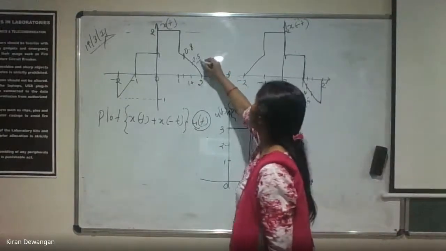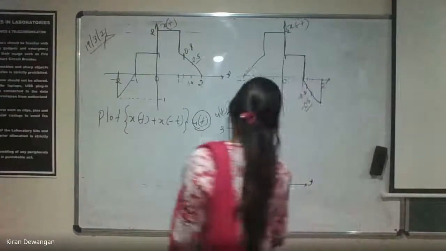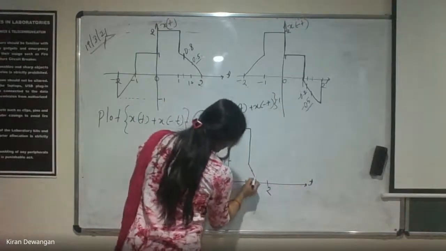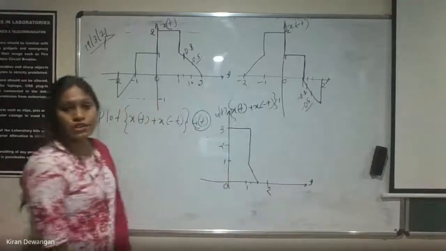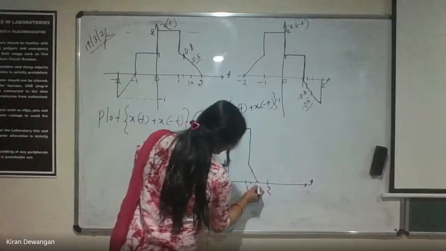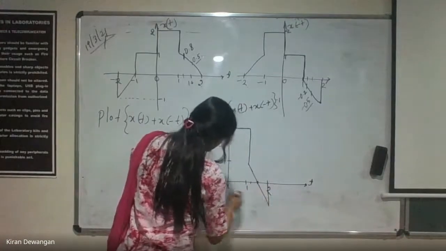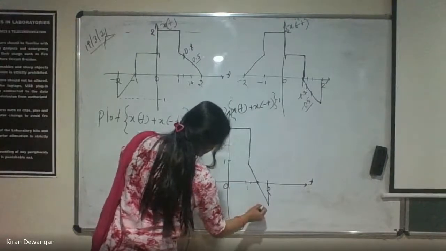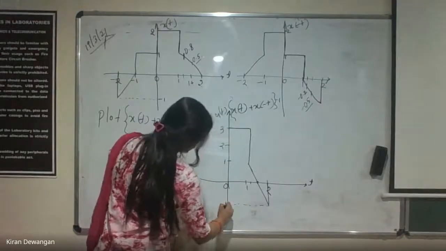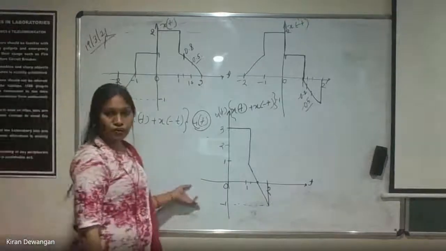This is 0.5 and this is minus 0.5. If we add these two, this will be 0. पूरा 0 पे आ जाएगा. Clear? Now similarly, this will reduce further and it will reach minus 1. ये value आपका minus 1. Clear?